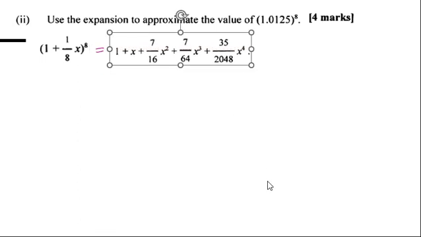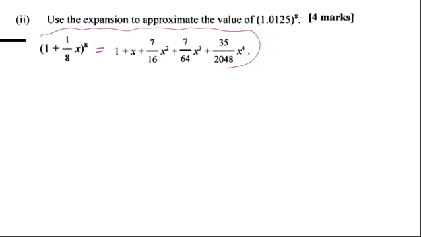All right, so we're going to use the fact that (1 plus 1 over 8 x) raised to the 8th power is equal to this in order to find 1.0125 to the 8. Now, if you match them up, if you equate them, you have the same power of 8 on the outside, right? Both have the same power of 8, which means we're going to equate the inside of the brackets.